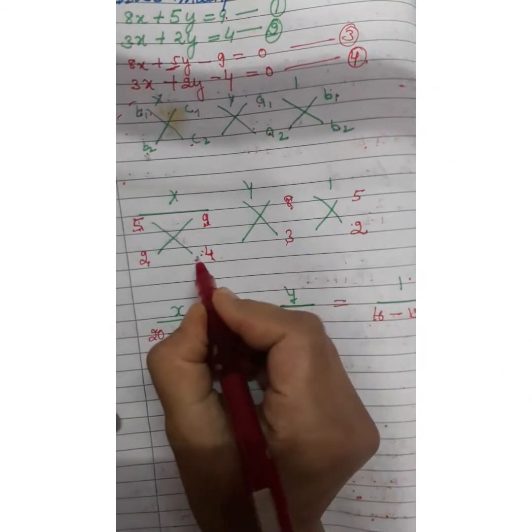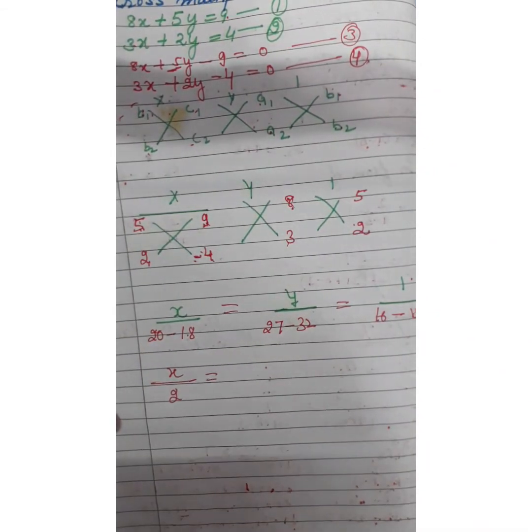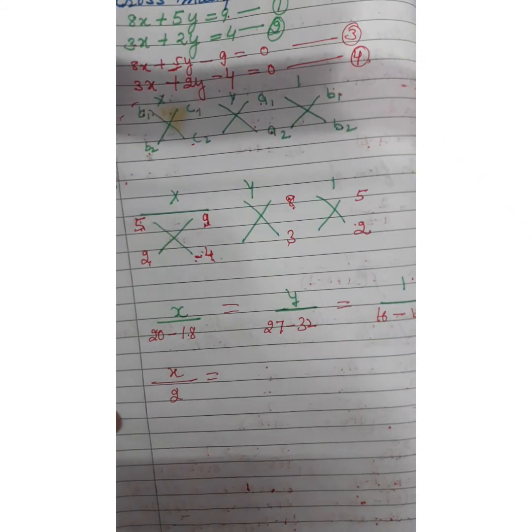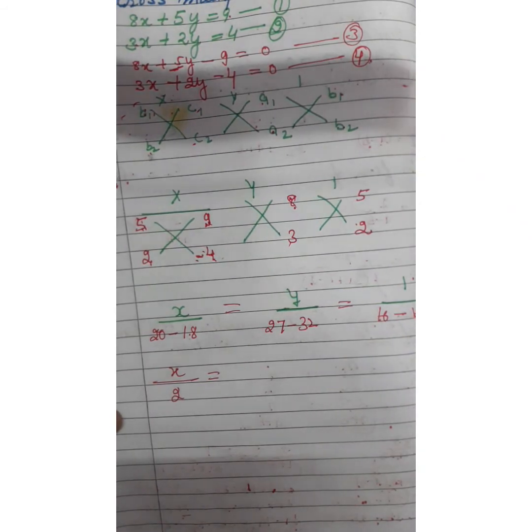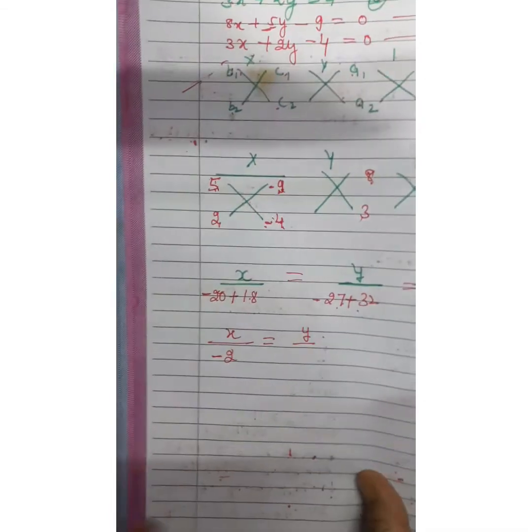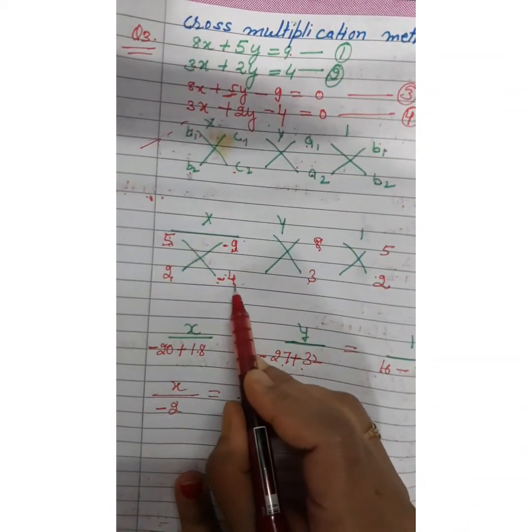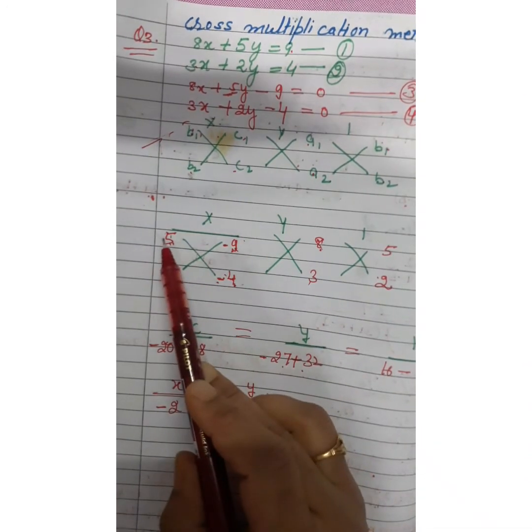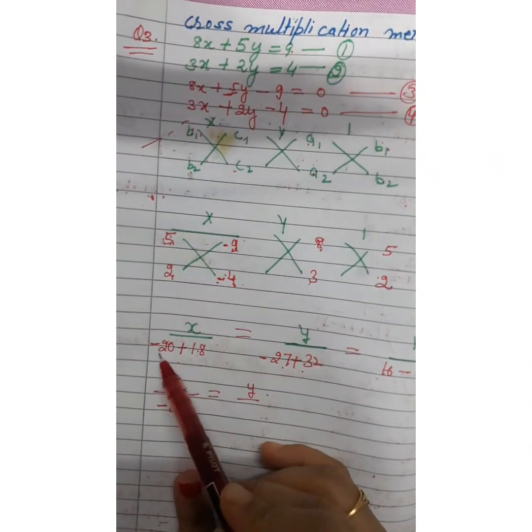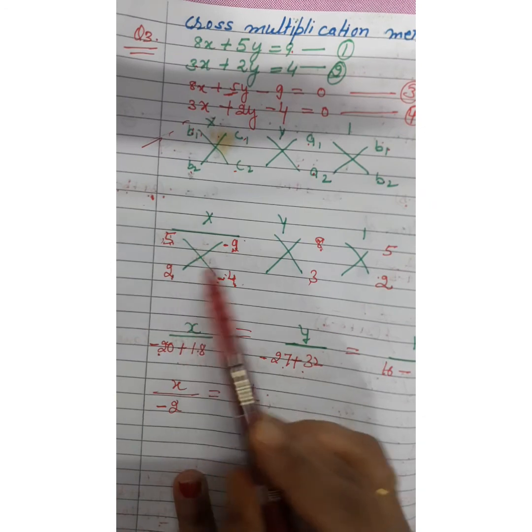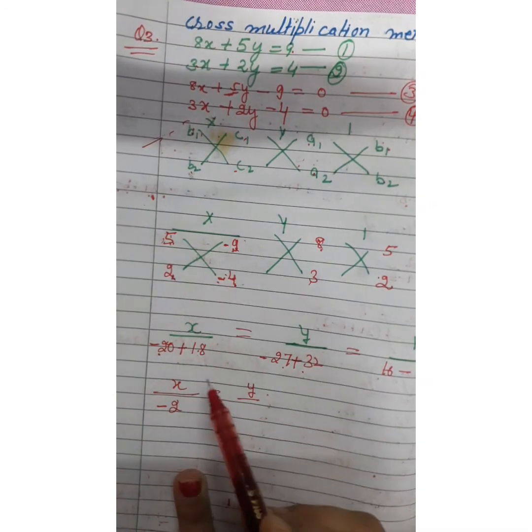oh sorry, here is minus 4. Okay, here is minus 9 and minus 4. First of all 5 4s are minus 20 and 9 2s are 18.